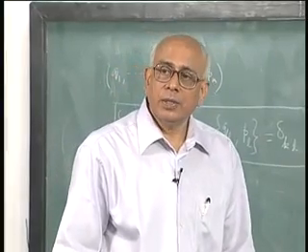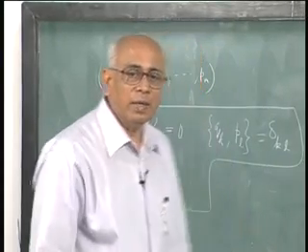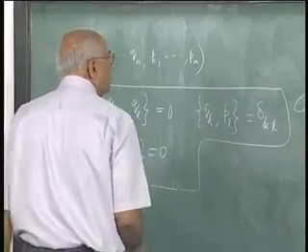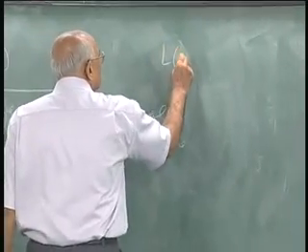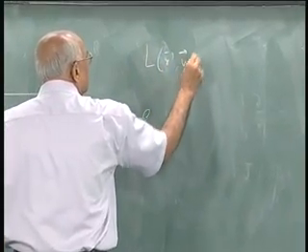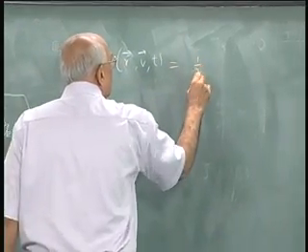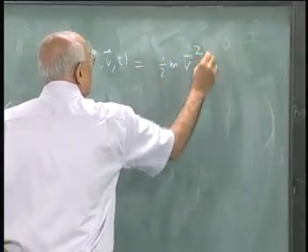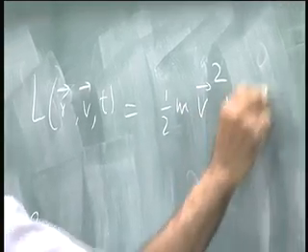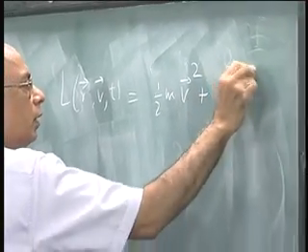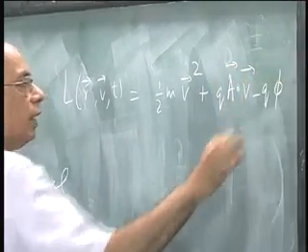Now let us look at the other example very quickly, of a charged particle in an electromagnetic field. What happened there, and what happened to the momentum? Remember the Lagrangian as a function of r, v and possibly t was equal to 1/2 m v squared plus q A dot v minus q phi.